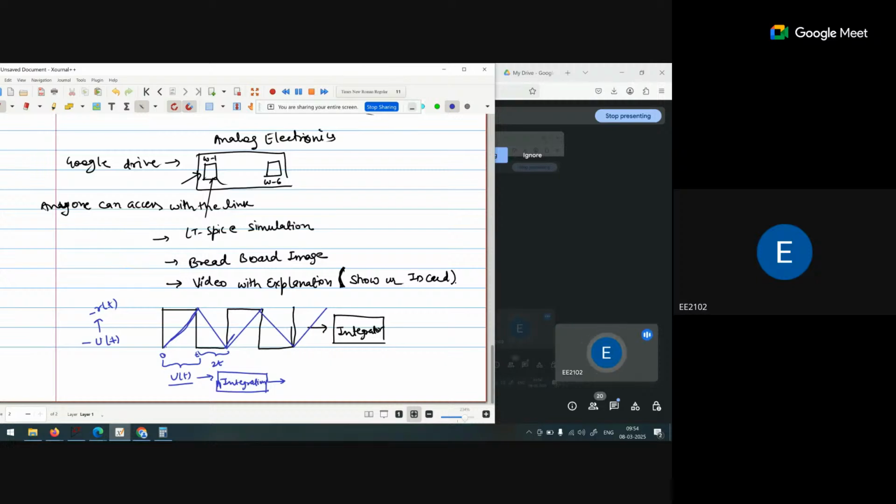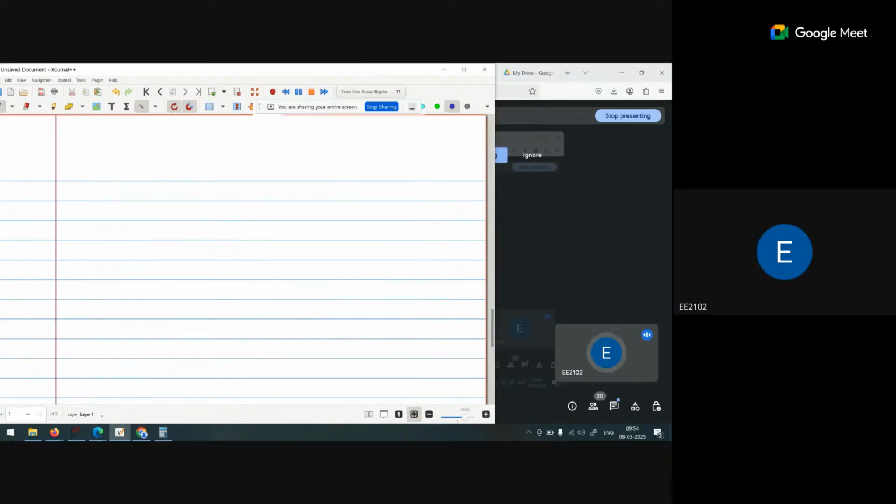Okay, if you see the circuit, the first circuit is your integrator, where you have an R and a C. Sorry, integrator circuit, where you have an R, and with respect to this you have a C. If we provide a square pulse here, we get this signal.